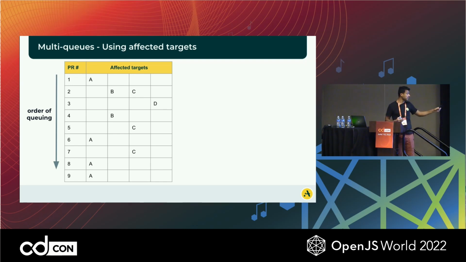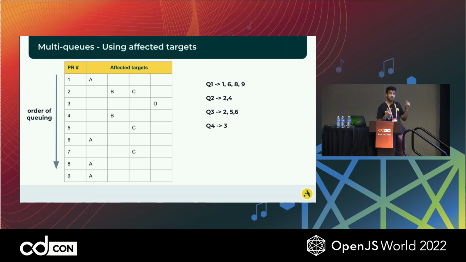If you have a structure like this, let's say there are targets A, B, C, and D, and these 9 pull requests, how do you think about defining the queues? We can dynamically define queues. The first queue will run 1, 6, 8, and 9 because they affect target A. The second queue will run 2 and 4, which affect targets B and C. The third queue will run 2, 5, 6.